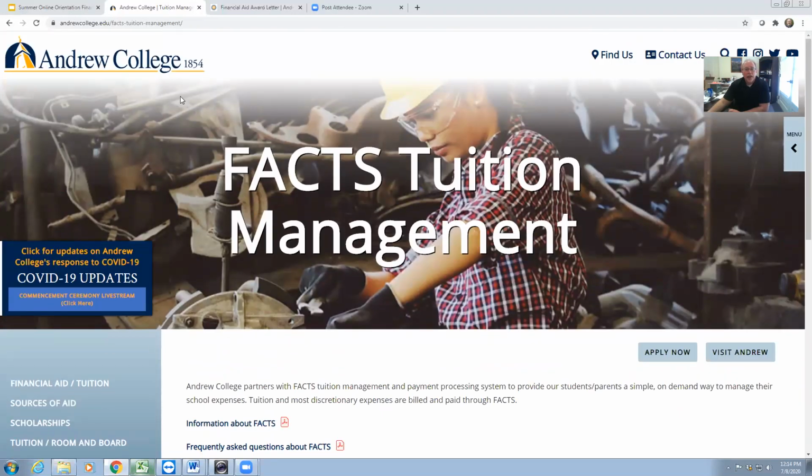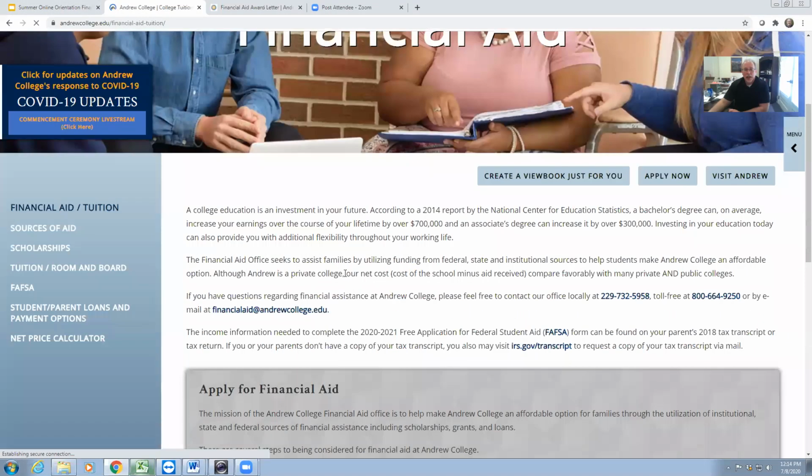If you have any questions and need to reach the financial aid office, it is better at this point during the year to try to reach financial aid by email than it is by phone.